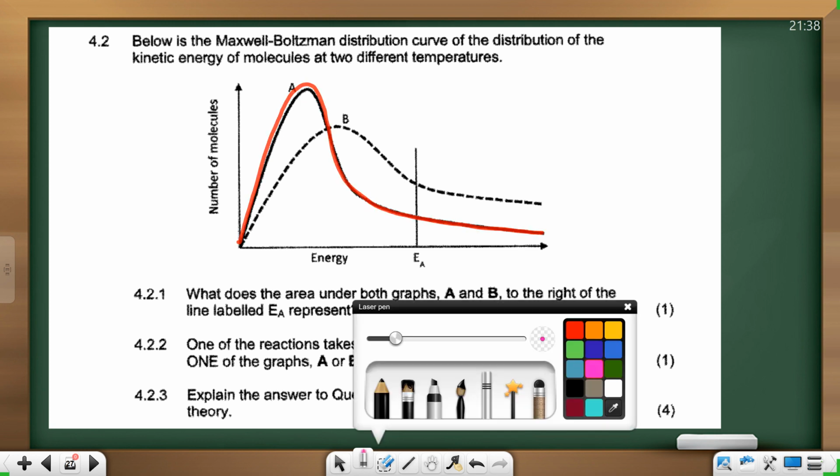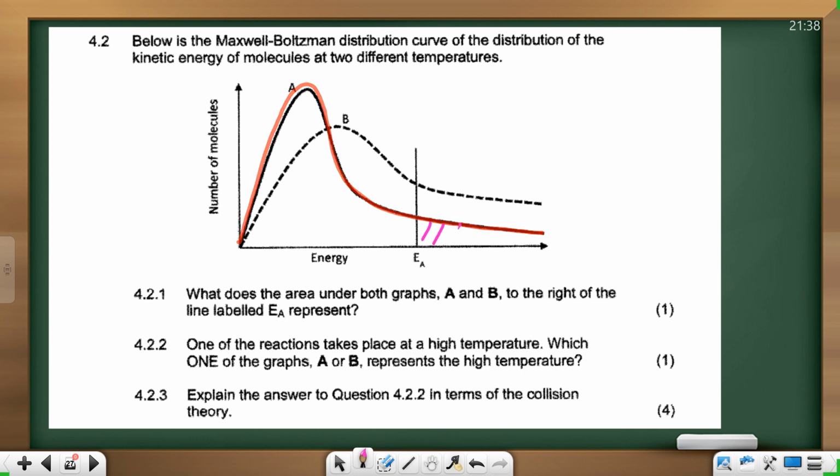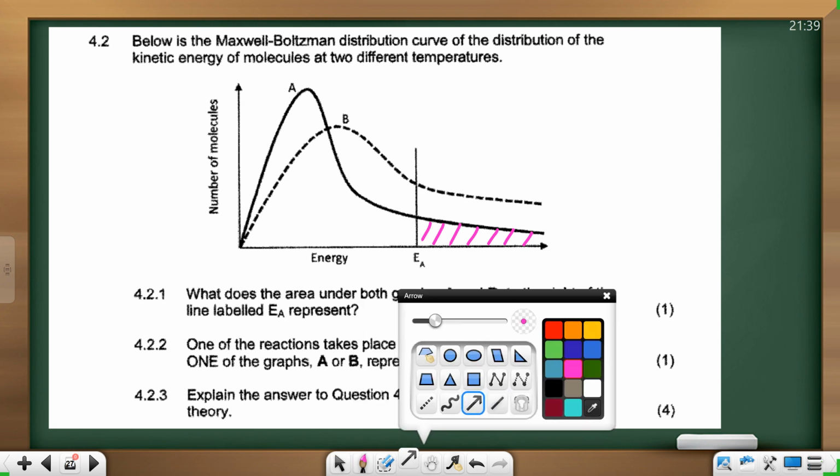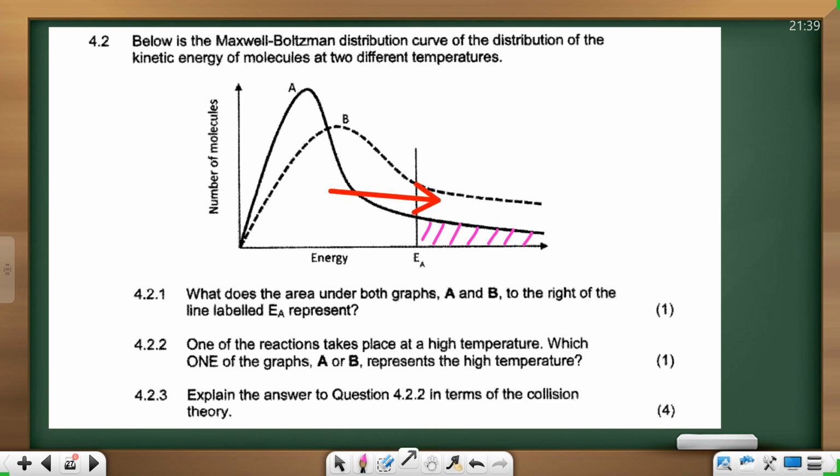These are the particles that have enough kinetic energy to react. When we increase the temperature, what happens? Particles then gain enough kinetic energy, such that they begin to move from where they have low. More particles start flowing in terms of kinetic energy because the kinetic energy is increasing.